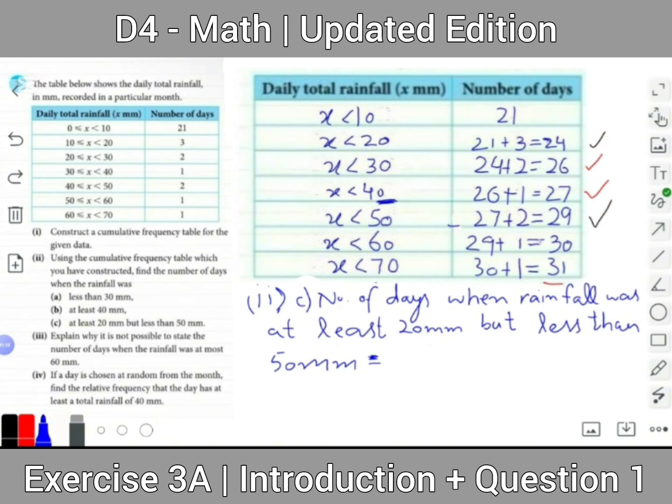Now we have to take away 24 from 29 and we will get 5. So the number of days when rainfall was at least 20 millimeter but less than 50 millimeter is equal to 5.